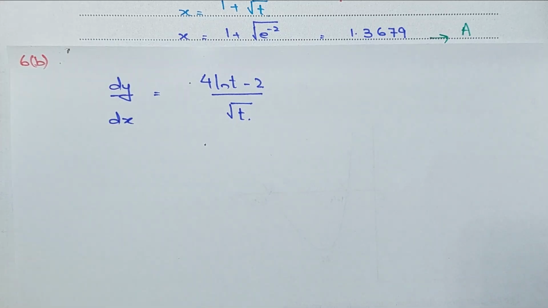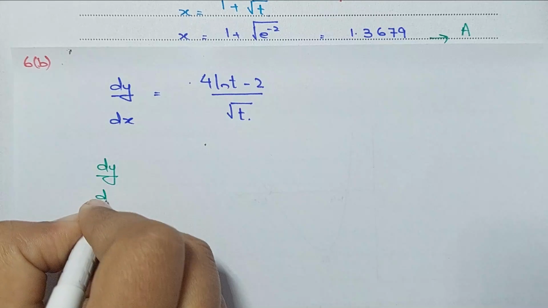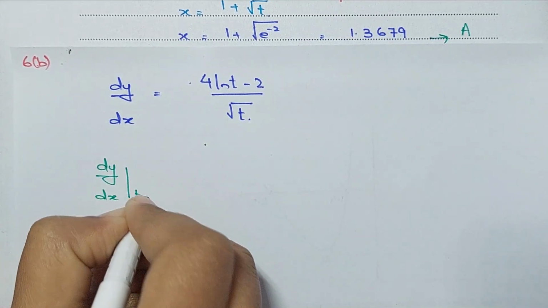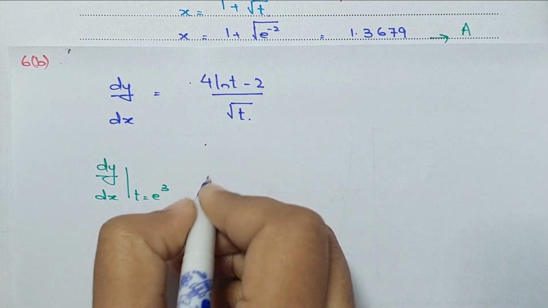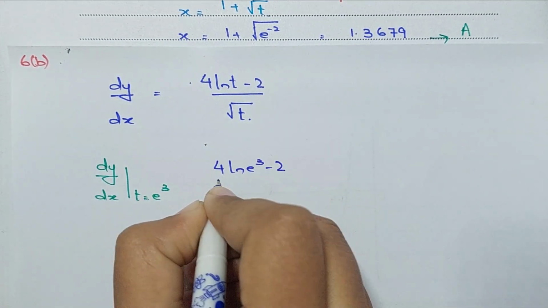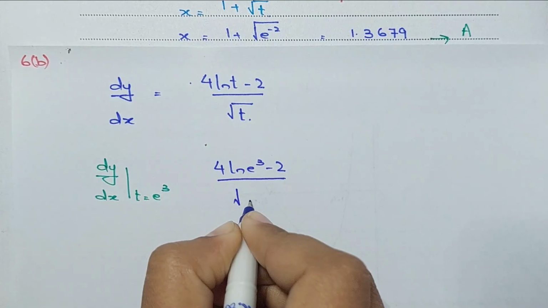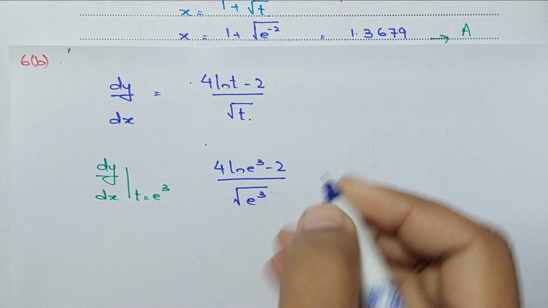So we have to figure out what dy by dx is at t equals e cubed. Okay, and 4 natural log e cubed minus 2 divided by square root of e cubed. We need to figure out the exact one, right?